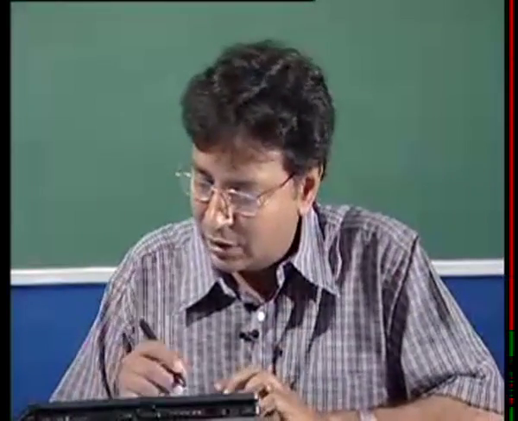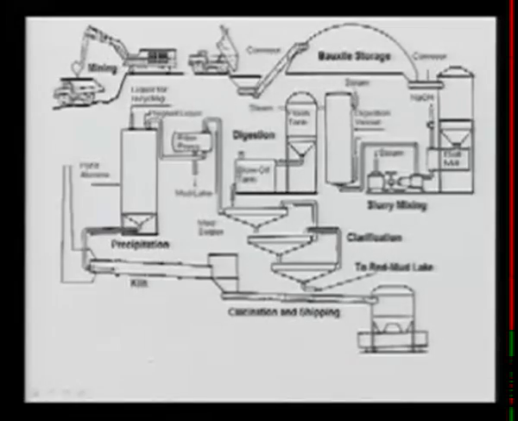The process you see on your screen is where we are trying to make alumina from the bauxite ore. We will go through this flow sheet and also see the various air polluting sources and the chemical reactions that take place. As you can see here, the mining is taking place for bauxite. So let's write here, bauxite mining.